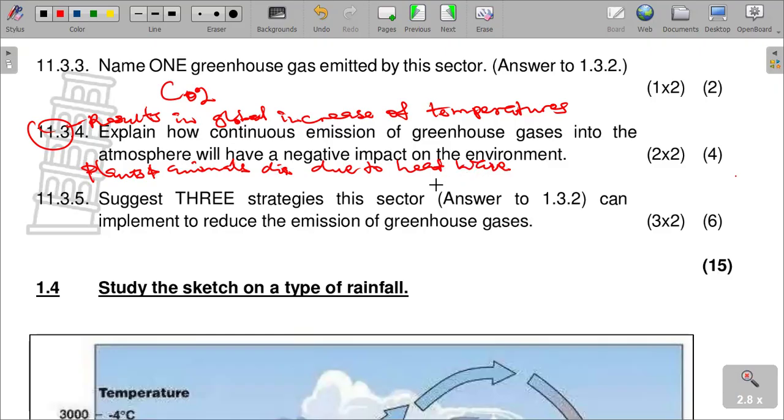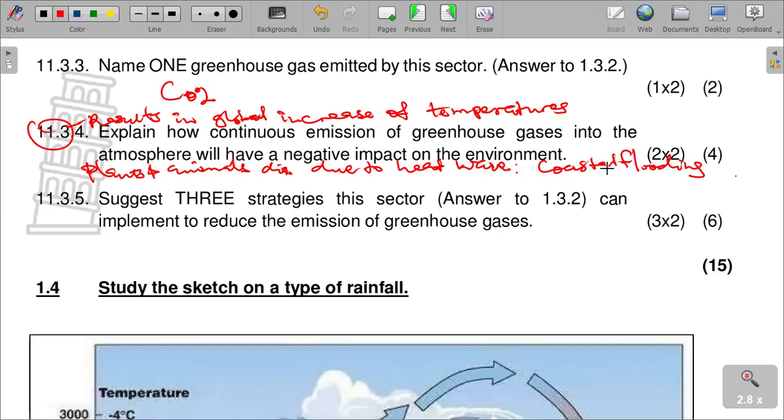We can also talk about problems such as flooding, which is caused by the high temperatures, which cause melting of ice.